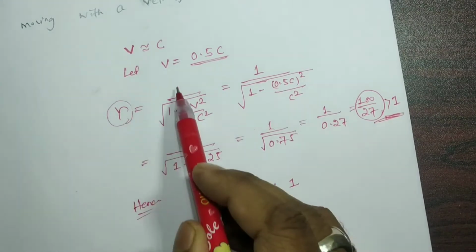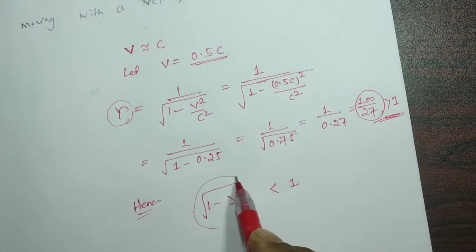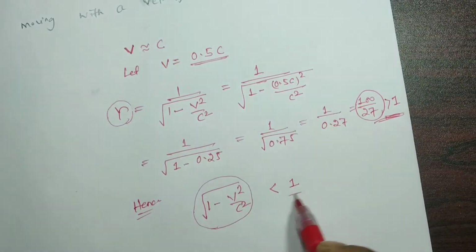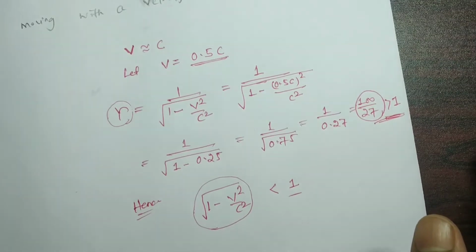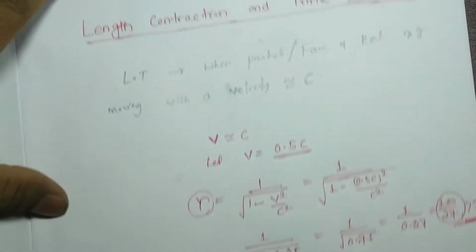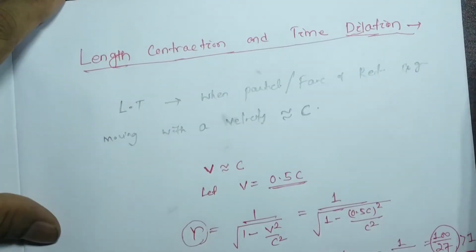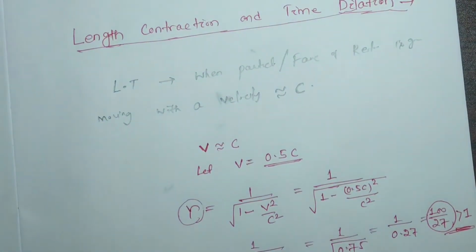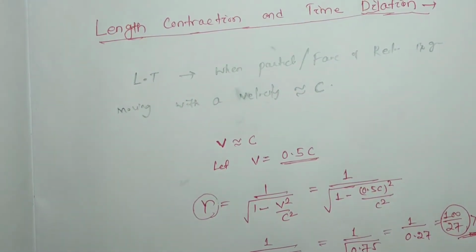Gamma is 1 by the square root of 1 minus v square by c square, but only the square root of 1 minus v square by c square is less than 1. You have to keep these things in your mind, as they will be required at the time of explanation of length contraction and time dilation. So let's start today's discussion regarding length contraction.